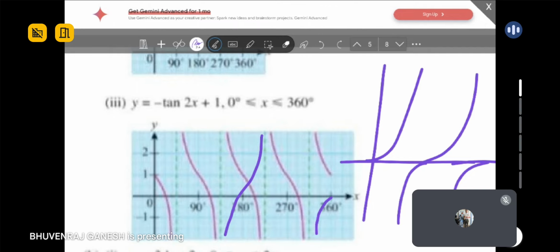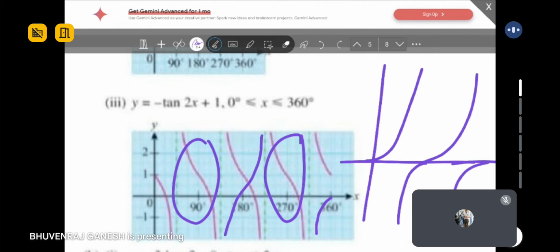Okay, so maybe some of you will think, why there is a value at 90 and 270? Am I right? Kenapa ada nilai kat 90 dan 270? Sebab saya ingat graph tangent kat X sama dengan 90 dan 270 dia tak ada nilai kan? Kamu boleh tekan calculator. Tangent 90, math error. Tangent 270, math error. Tapi kenapa graph ni dia ada nilai kat situ?